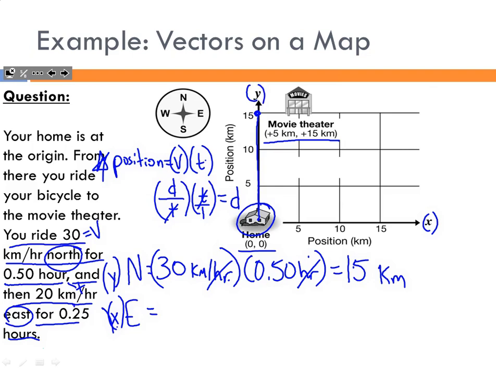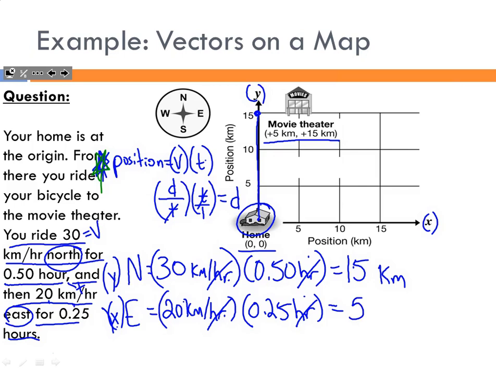And so east is heading, it says that we're going to head 20 kilometers per hour. We're going to use this same equation up here, this exact same equation, and we're having a time of 0.25 hours. So I know I can go ahead and cancel out my hours. This one's in my numerator, this one's in my denominator, and then just carry out the multiplication of 20 times 0.25, and that is 5 kilometers.